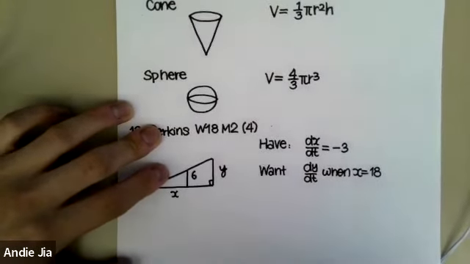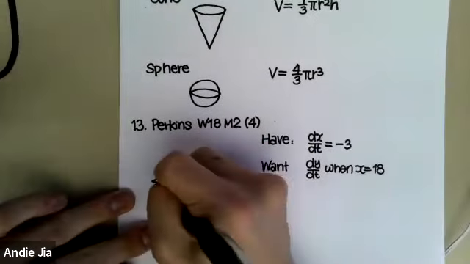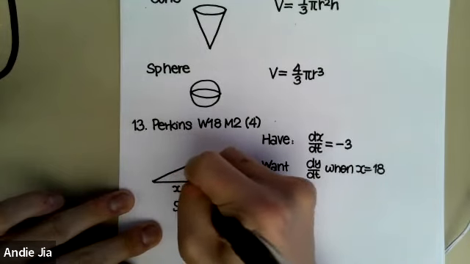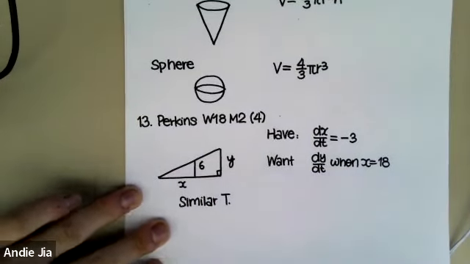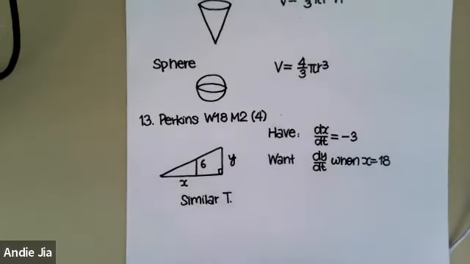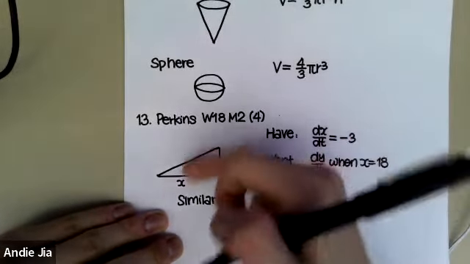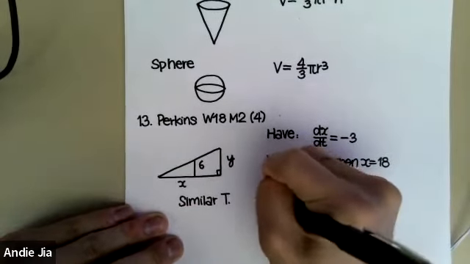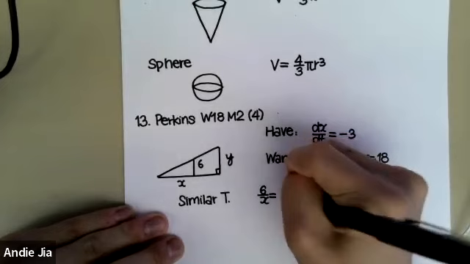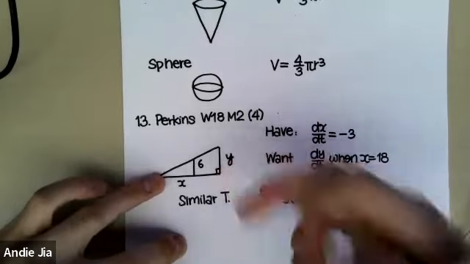And now there are 2 triangles here, similar triangles. Wow. This triangle looks easy, but it is kind of tricky, right? So we have 6/x equals y over 30. 30 feet is the whole thing.